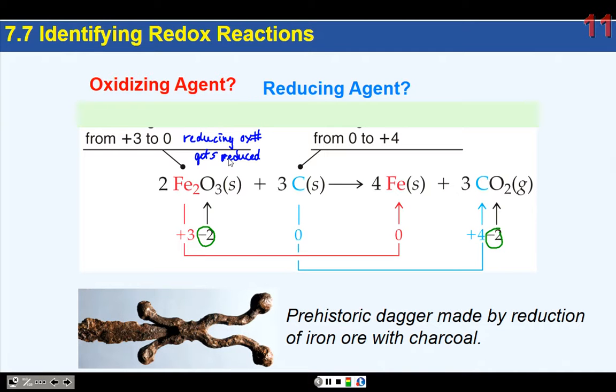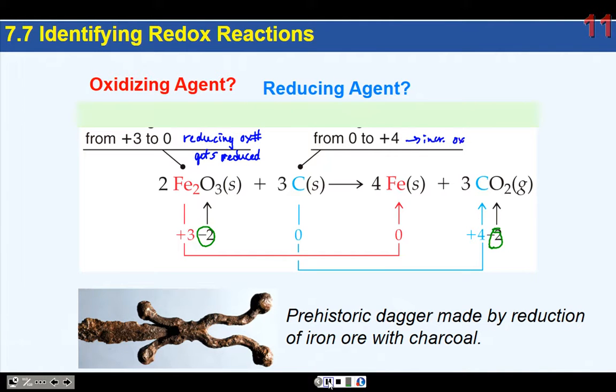So the carbon is the other element of interest. Let me see if I can reduce that distracting line for one moment. Here the carbon goes from 0 to +4, and that means that the oxidation number is increasing.